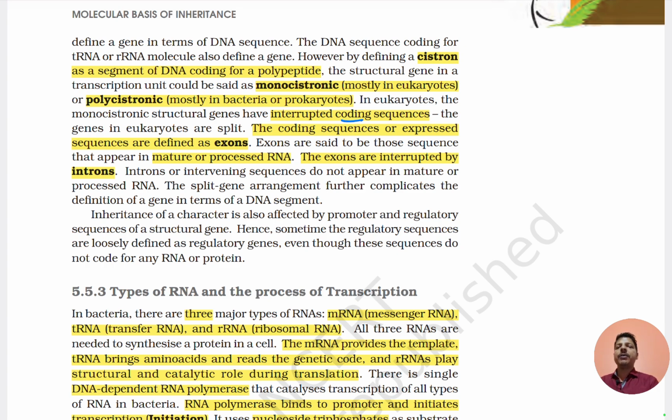The genes in eukaryotes are split. The coding sequences or expressed sequences are called exons, and exons are those sequences that appear in mature or processed RNA. The exons are interrupted by introns. Introns or intervening sequences do not appear in mature or processed RNA. The split gene arrangement further complicates the definition of a gene in terms of DNA segment.